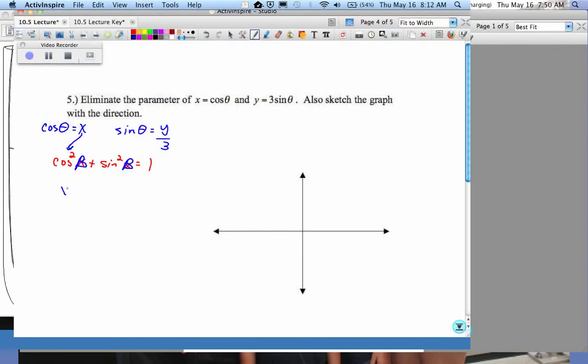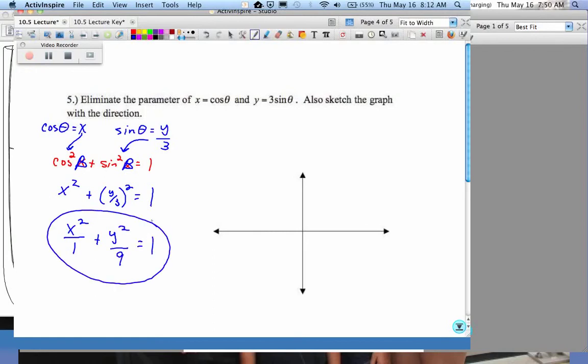This ends up being x squared. When I do my sine over here, the y over 3 replaces it. So this would be y over 3 squared is equal to 1. So what we're really looking at is x squared over 1 plus y squared over 9 is equal to 1.